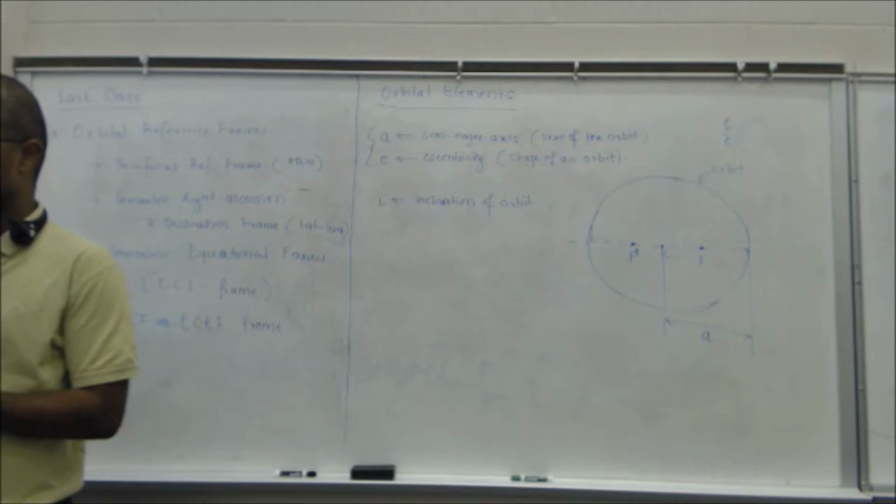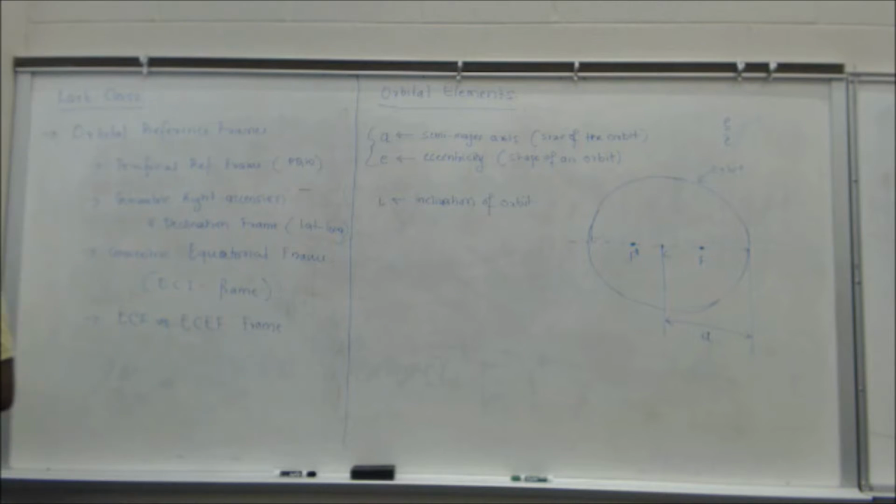It's the same thing. You agree? So you can see the inclination of this plane with respect to this plane. Or you can say the angle between this vector, which defines this plane, and this vector z, which defines this plane. That is the inclination, how inclined the orbit is.